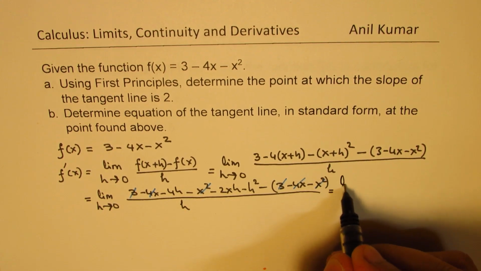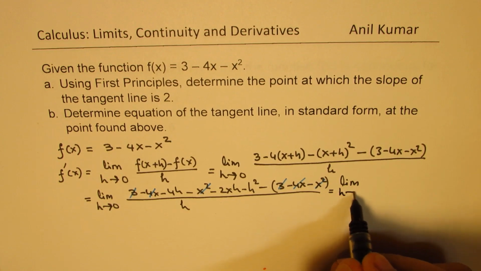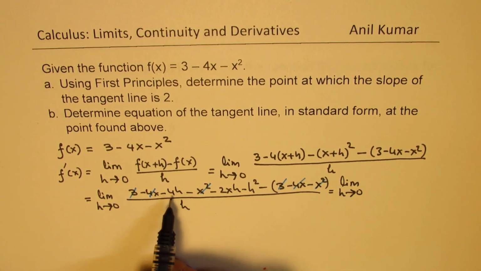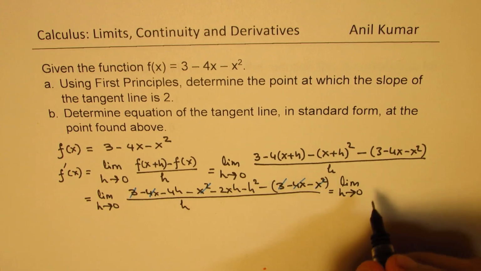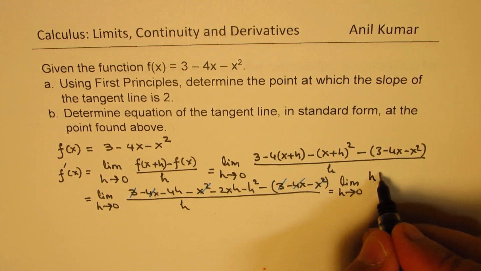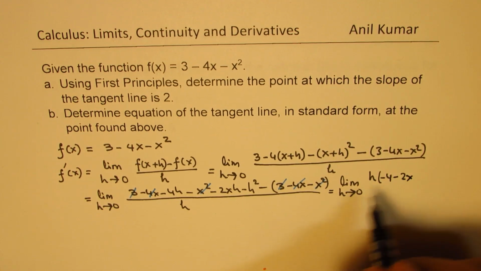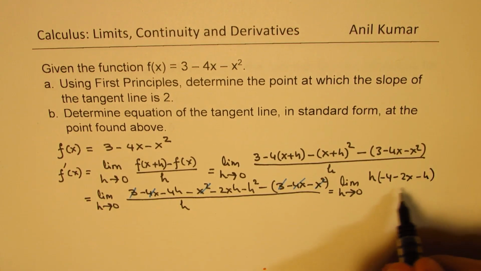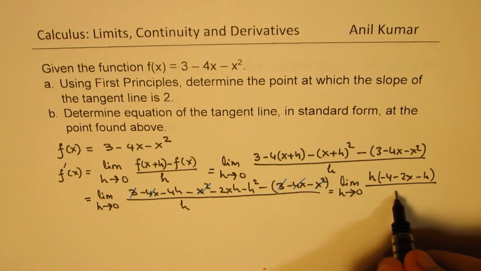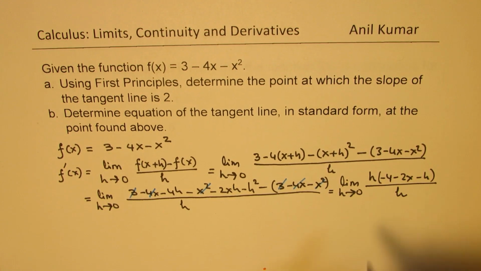So it could be written as limit h approaches 0. In these terms we can take h common. So when I take h common, I get minus 4 minus 2x and minus h in the numerator. Denominator is h. They cancel. So now we get our limit, right?